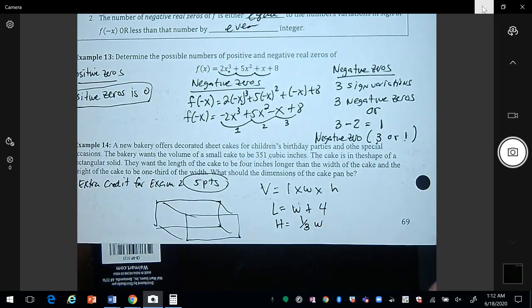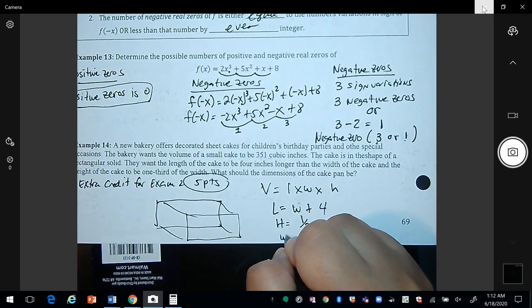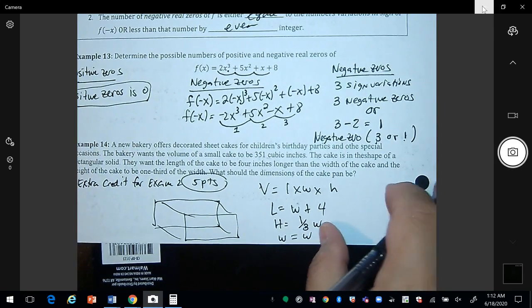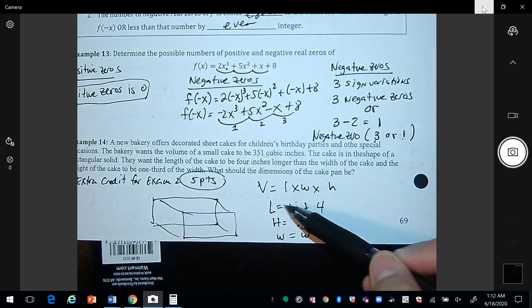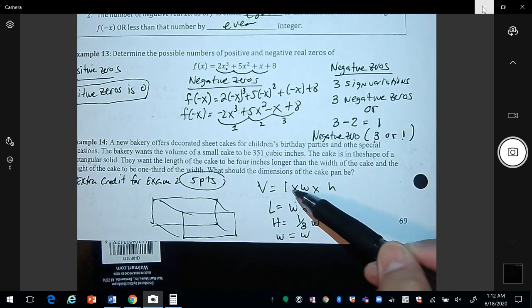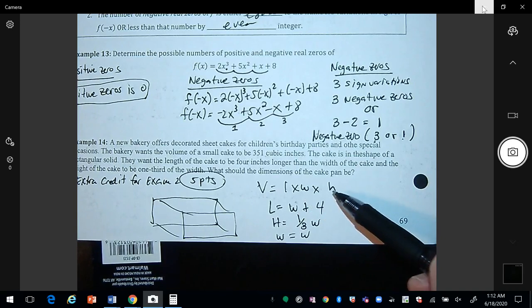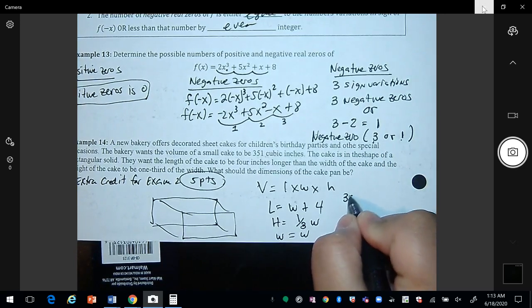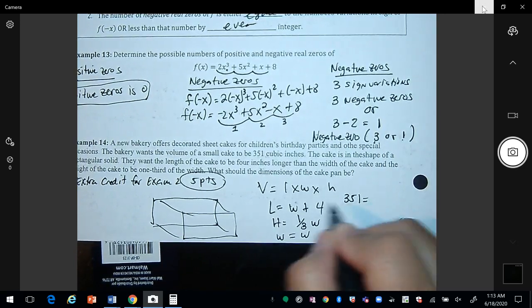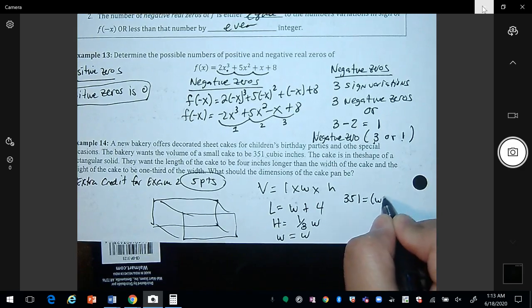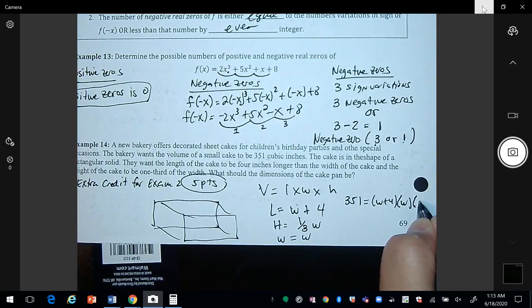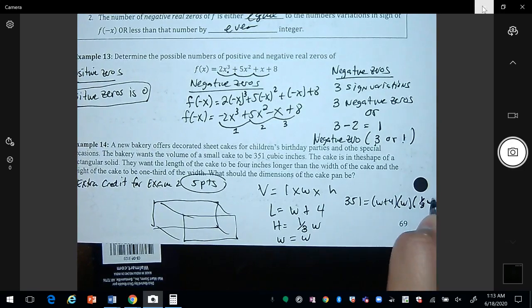So 1/3 of W. And then the width is W. Okay, so we can plug in this information for L, W, and H. And they give us the volume is 351. So here we have 351 is equal to our length, which is W plus 4, our width, which is W, and our height, which is 1/3 W.